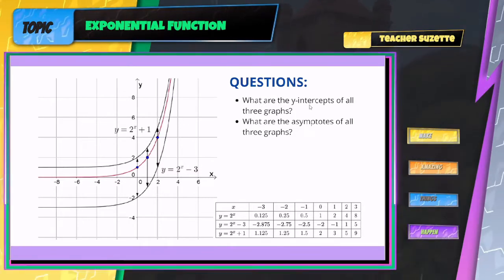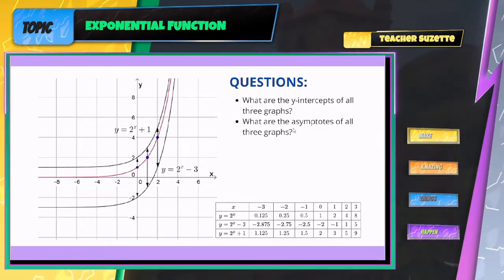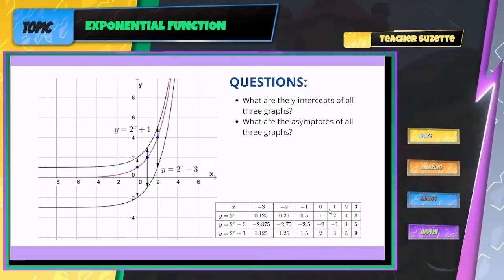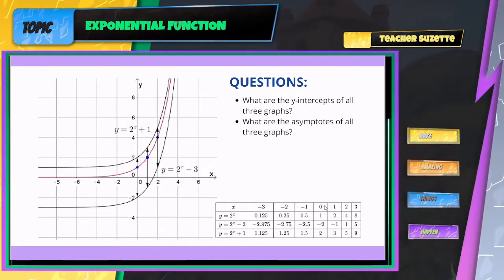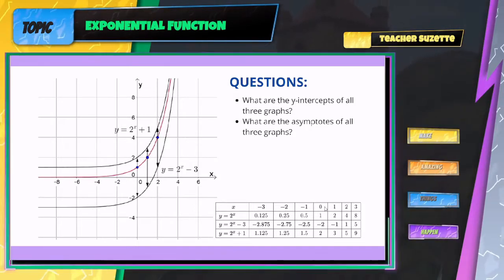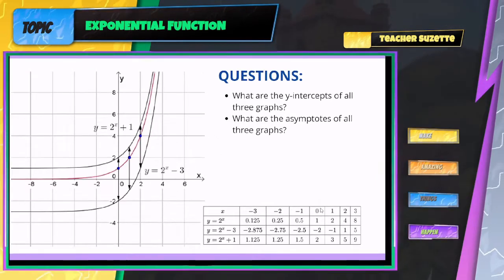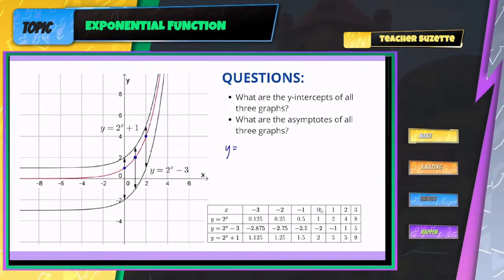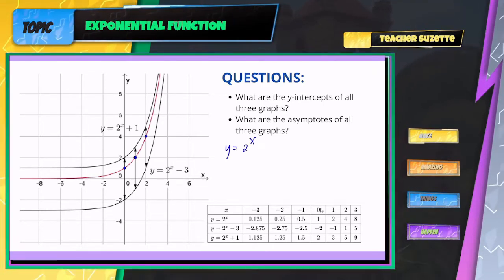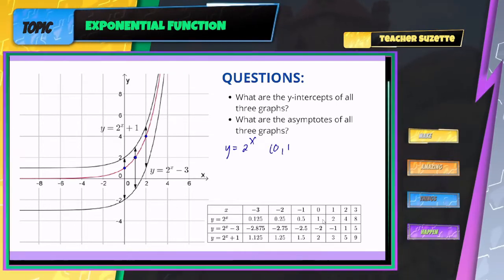What are the y-intercepts of all the three graphs? So, this is just easy kasi number 1, provided yung ating table. So, what we're going to just do is to look at the values of our y when our x is equal to 0. So, for this case, for the graph of y is equal to 2 raised to x, our y-intercept is 1 or at point (0, 1).